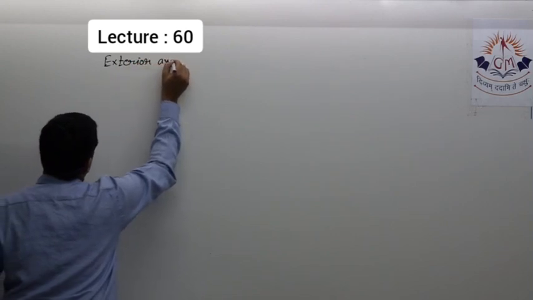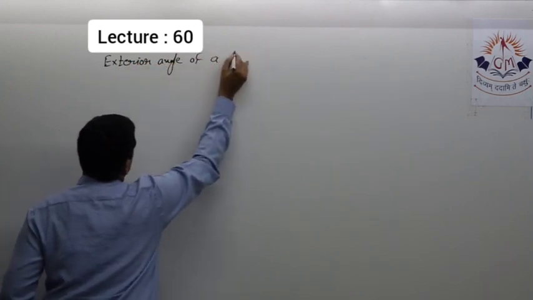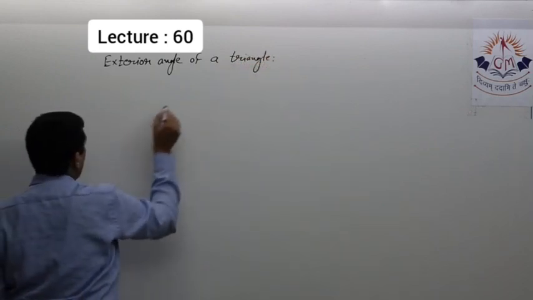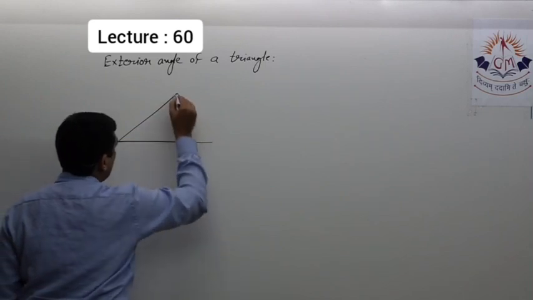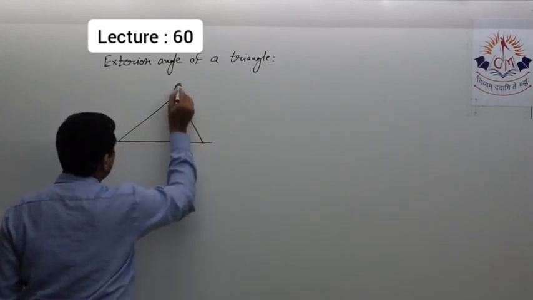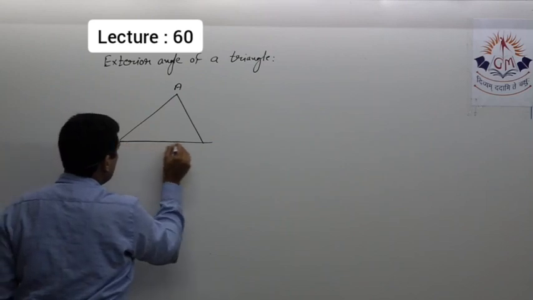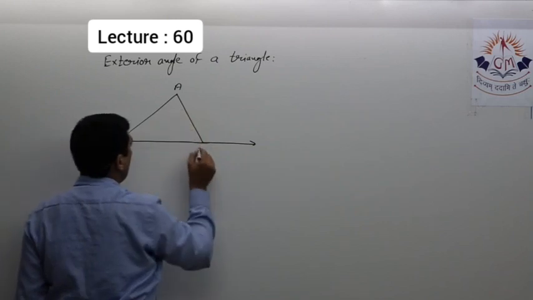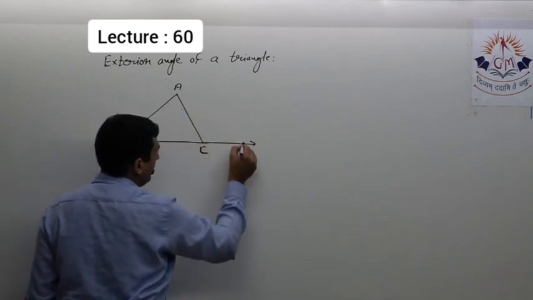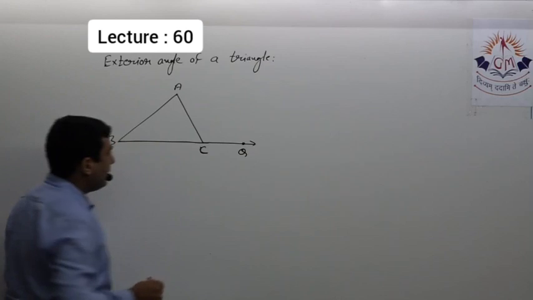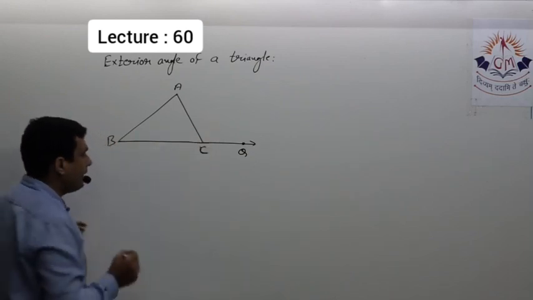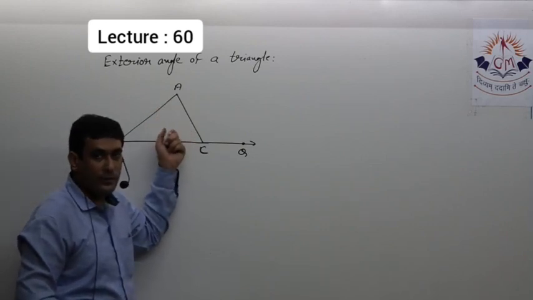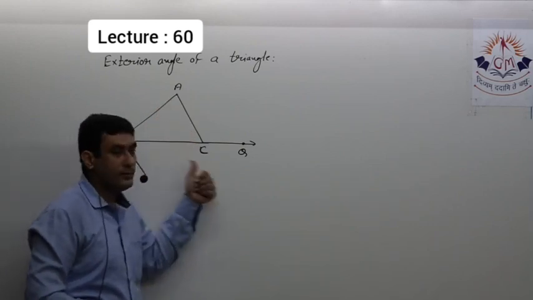Exterior angle of a triangle. Suppose ABC is a triangle, and I extend one of its sides in this way. If I extend side BC to point Q, then angle ACQ is called the exterior angle. So exterior angle is the angle between one side of the triangle and another side which is extended.